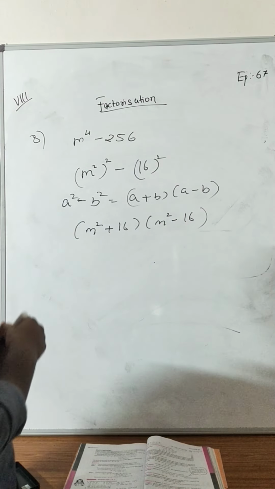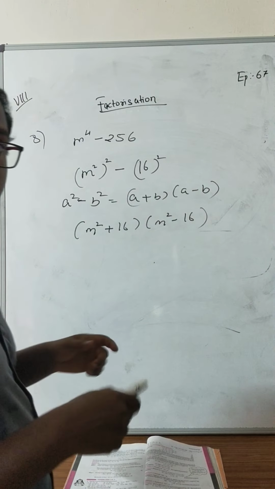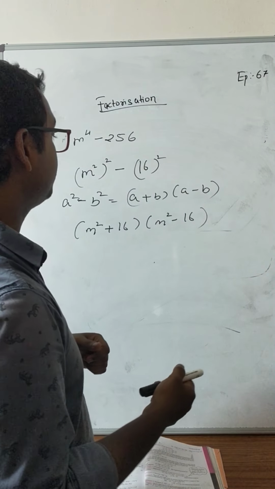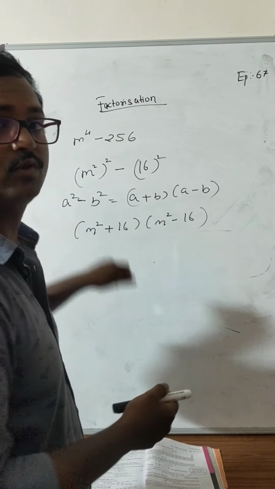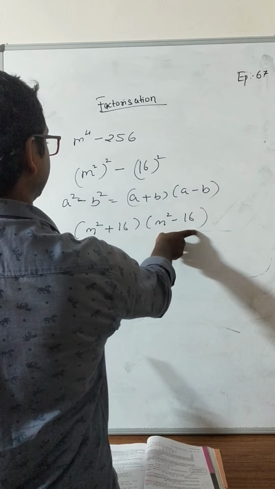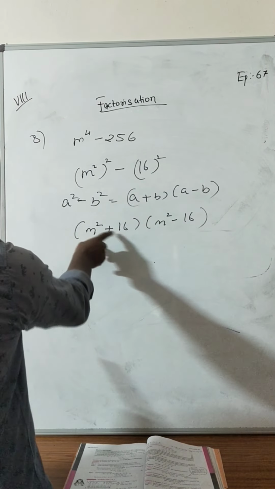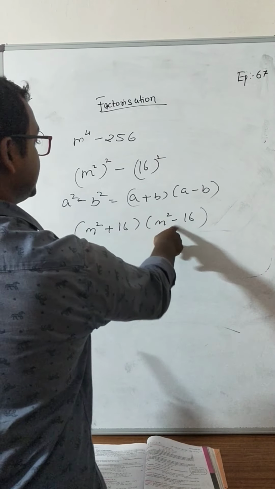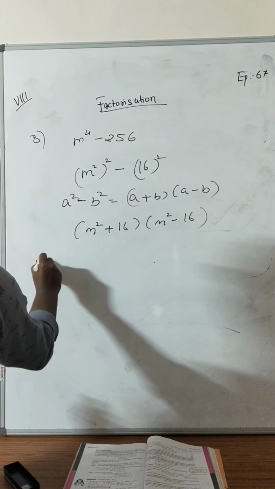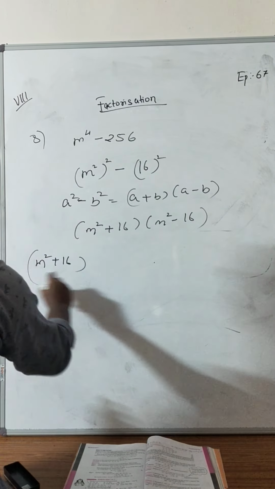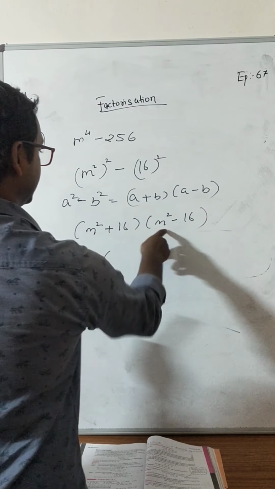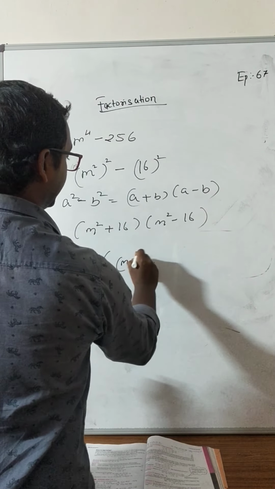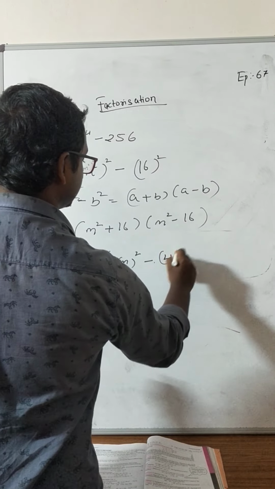Now see here, we can again apply the same identity, which is a square minus b square. Only here we can apply. Here we cannot do anything because the sign is plus. But here the sign is negative, so we can again apply identity 3, which is m square minus 4 square.